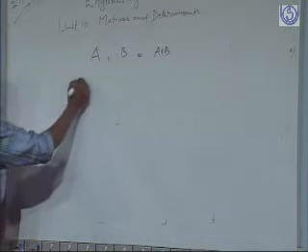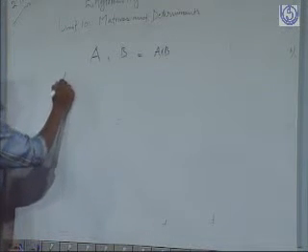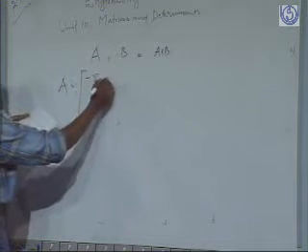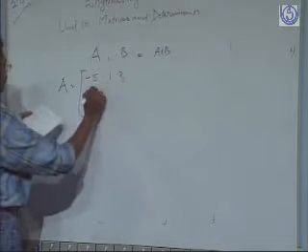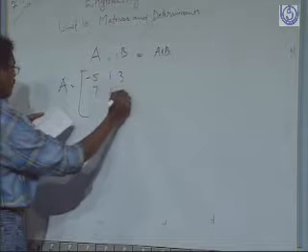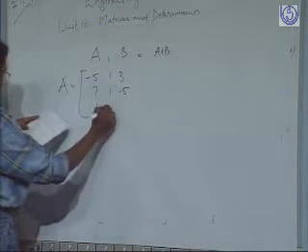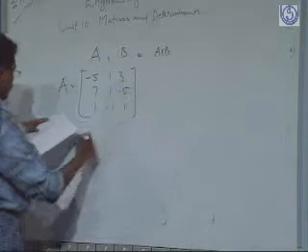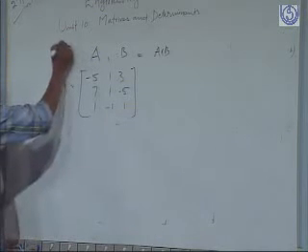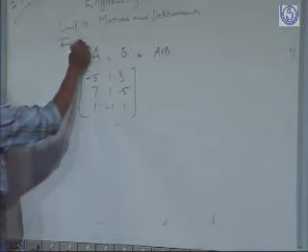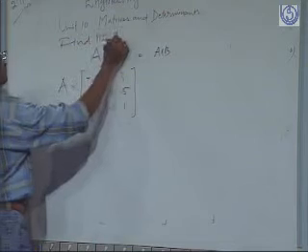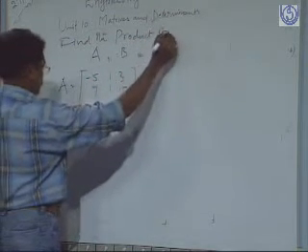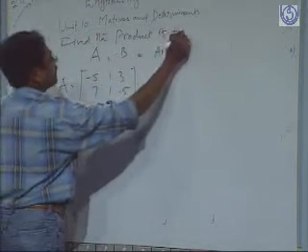Here the 2 matrices, A is given as minus 5 1 3, 7 1 minus 5, 1 minus 1 minus 1. It says find the product of two matrices.